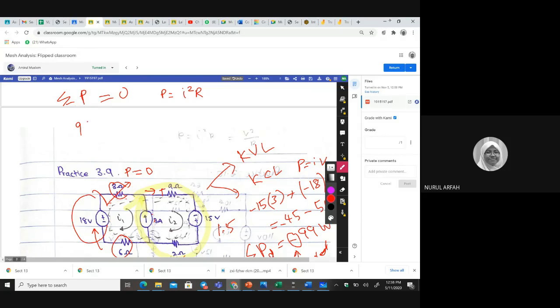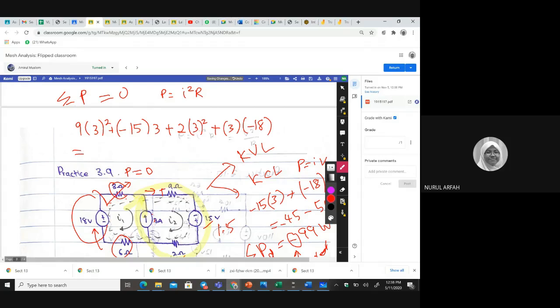So what is the current? 3 squared. And then you have this negative 15, then the 3, and plus 2 there, with 3 squared. Then you have 3 plus 3 here with the negative 18 volt.